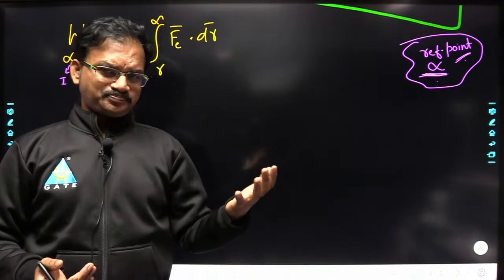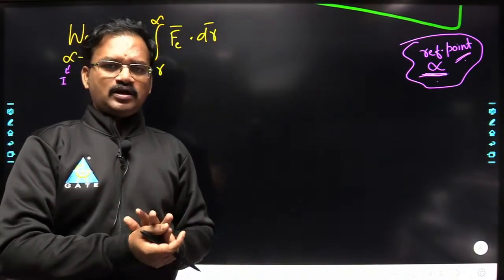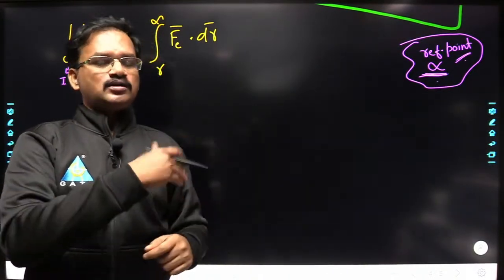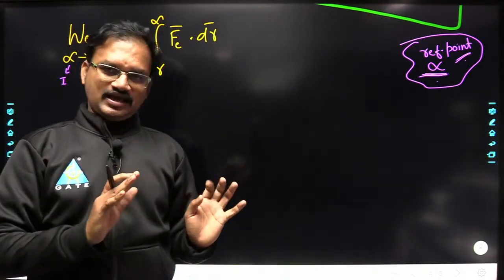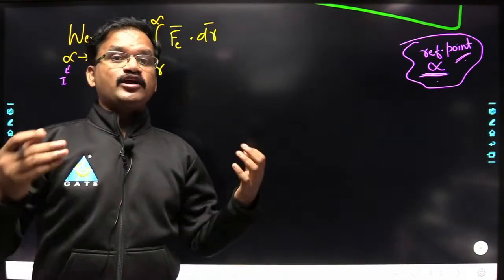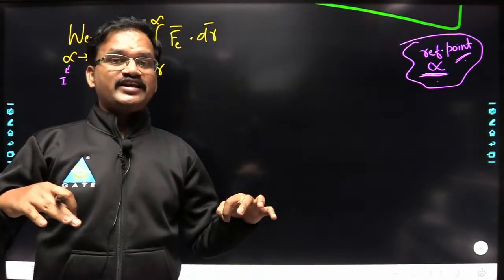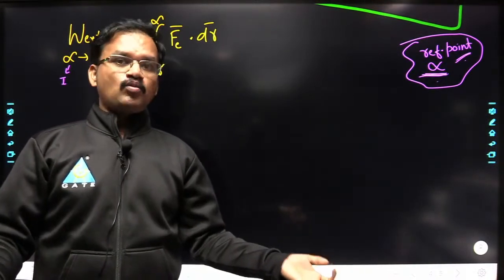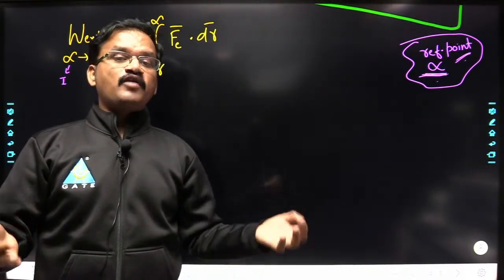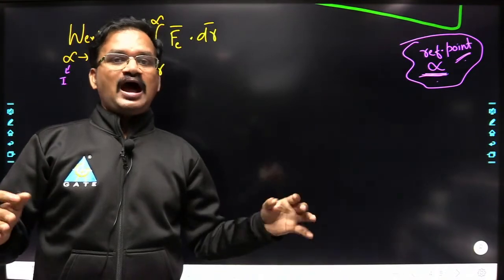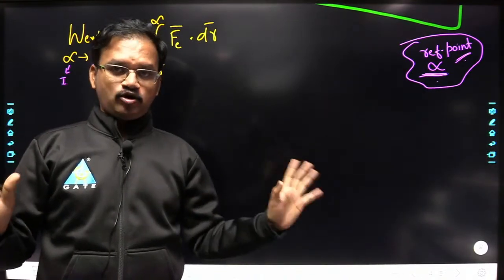Apart from whatever investment I have done, I got some profit, that is 10 rupees. If I say I got a profit of minus 10 rupees, it means I have lost 10 rupees.